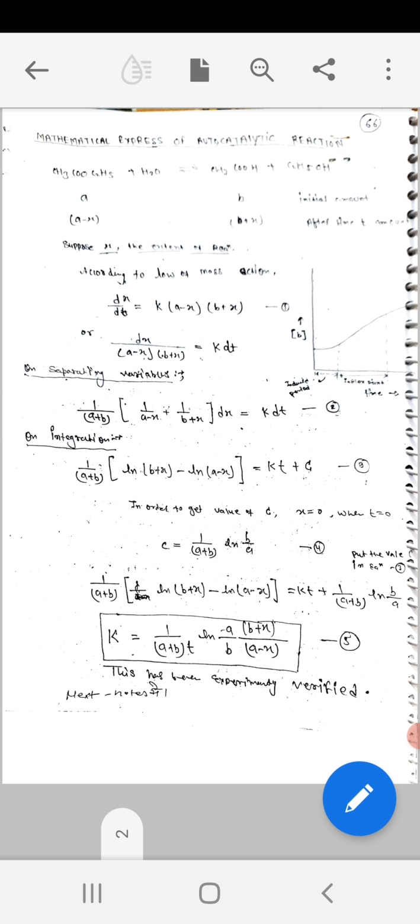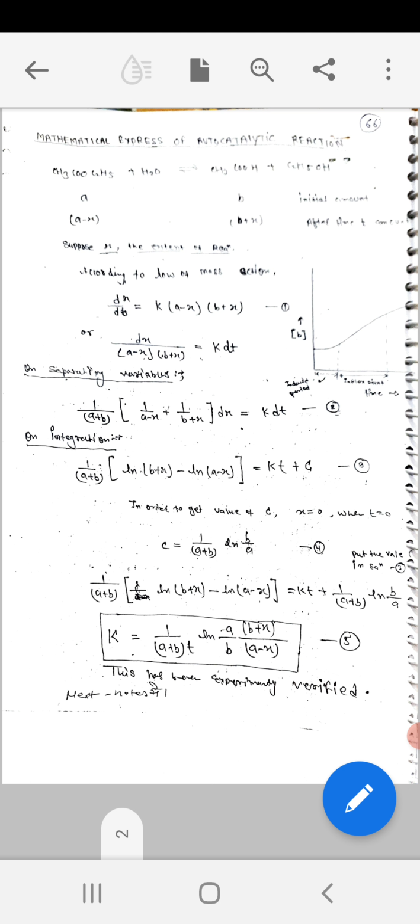After some time t, some of the ester is hydrolyzed and converted into acid and alcohol. If x is the amount of ester which is hydrolyzed, the remaining amount of ester present is a minus x.